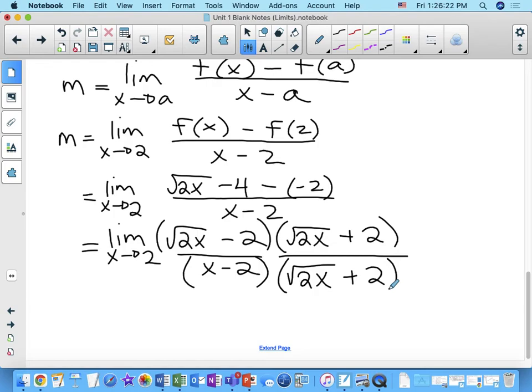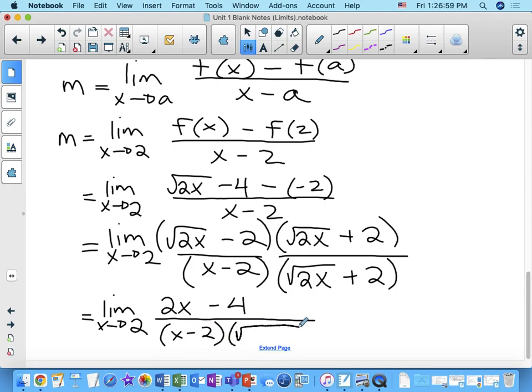Okay, and then in the numerator, the square root of 2x times the square root of 2x is 2x. And then 2 times 2 is 4, so minus 4 over x minus 2 times the square root of 2x plus 2.